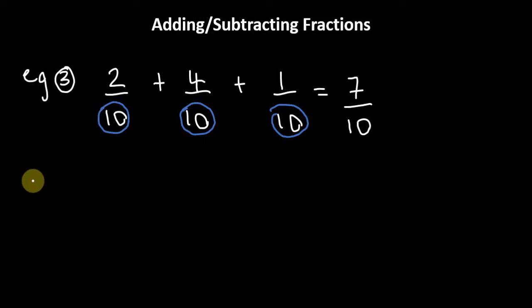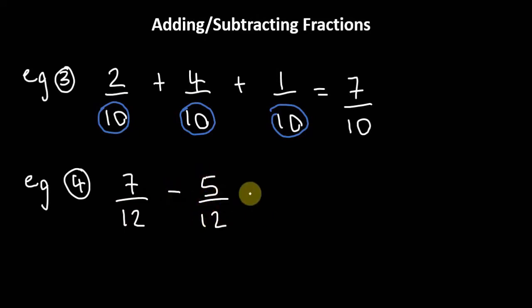Now let us look at example 4. Now what if we had a mixture of addition and subtraction in the same problem? Let's say we had something like 7/12 minus 5/12 plus 3/12. Again, the concept still remains the same.